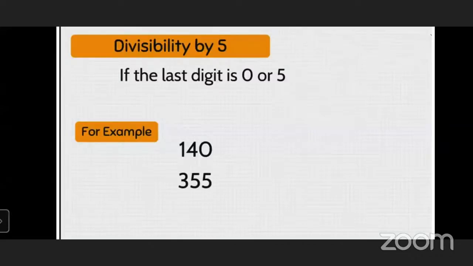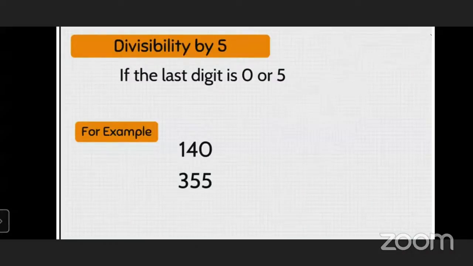Please take another example. Any example? For example, 20 is also divisible by 5. Okay, 75, 75 is also. 78, 78 is not divisible by 5.